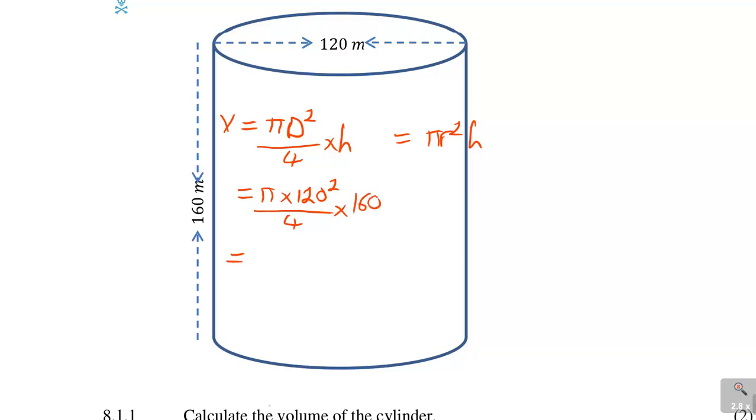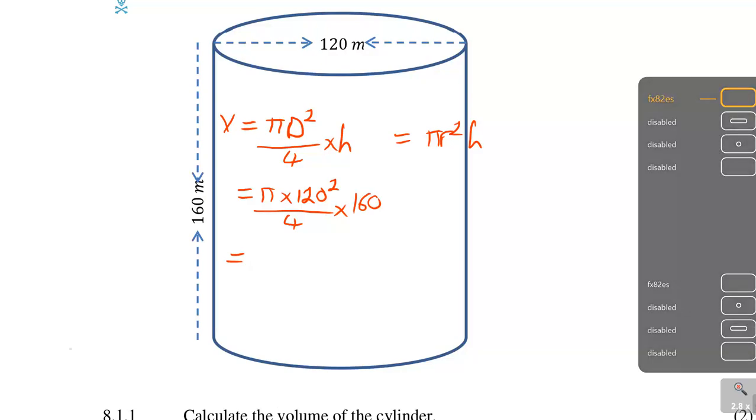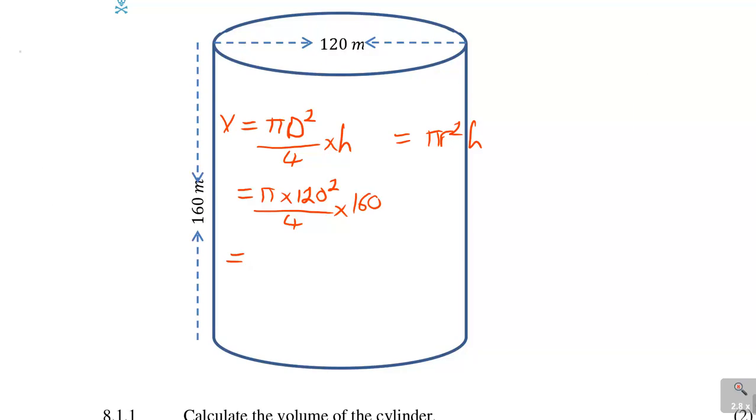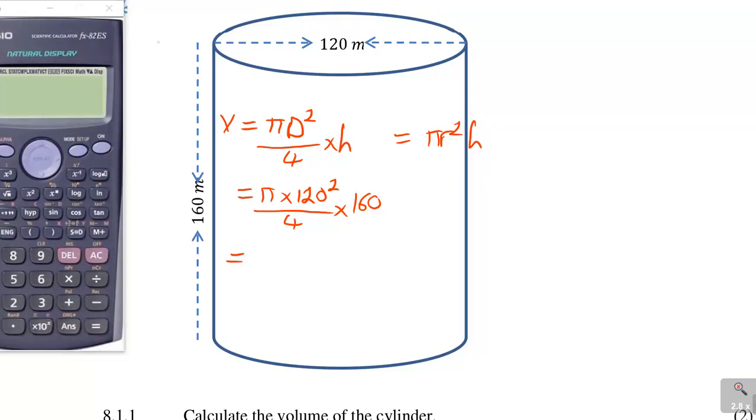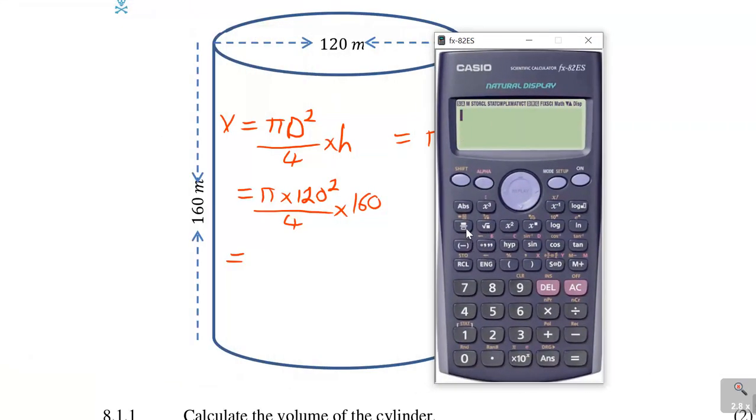When you do that, it will give you the answer for the volume, which is shift pi, there is my pi, times 120 squared over 4 times 160, and I'm getting a long answer for that.